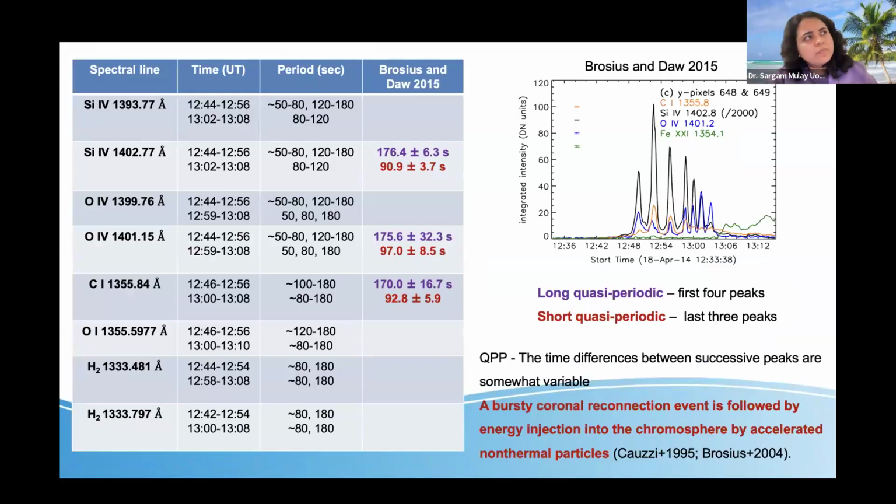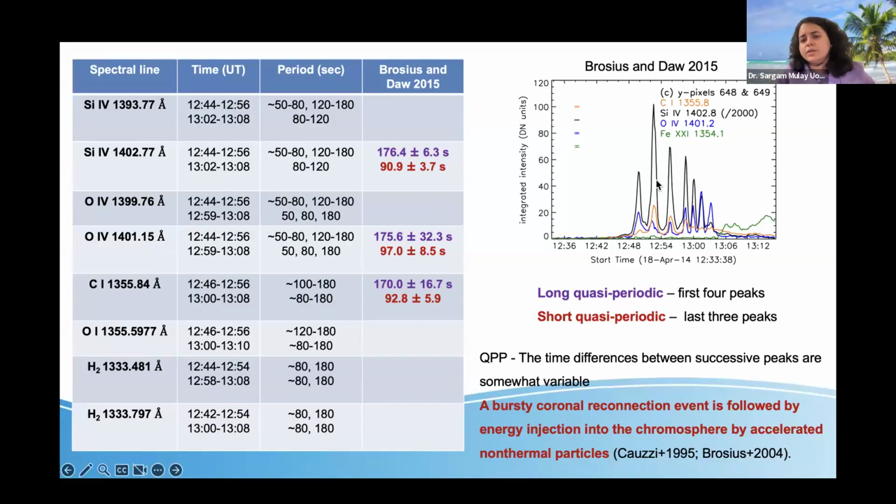So we have compared our results with the results from Brosius and Daw in 2015. They studied this same flare using 3 different lines: silicon 4, oxygen 4 and carbon 1, and they have seen the periods in the impulsive phase was around 170 seconds, and during the decay phase around 90 seconds.